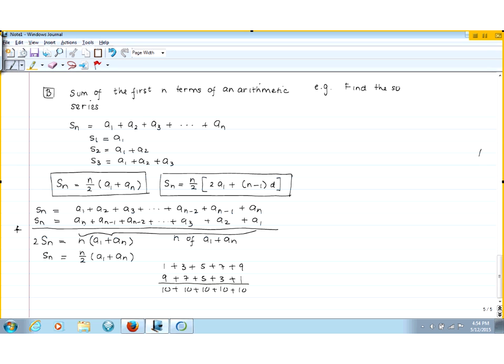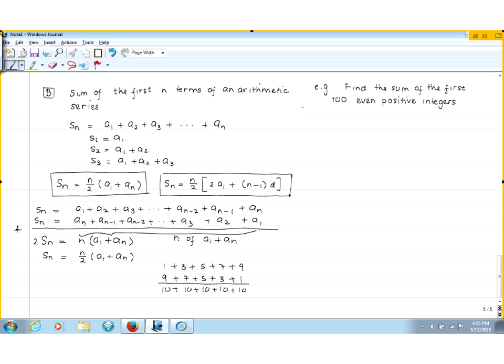Now, for example, find the sum of the first 100 even positive integers. Okay? Find the sum of the first 100 even positive integers.